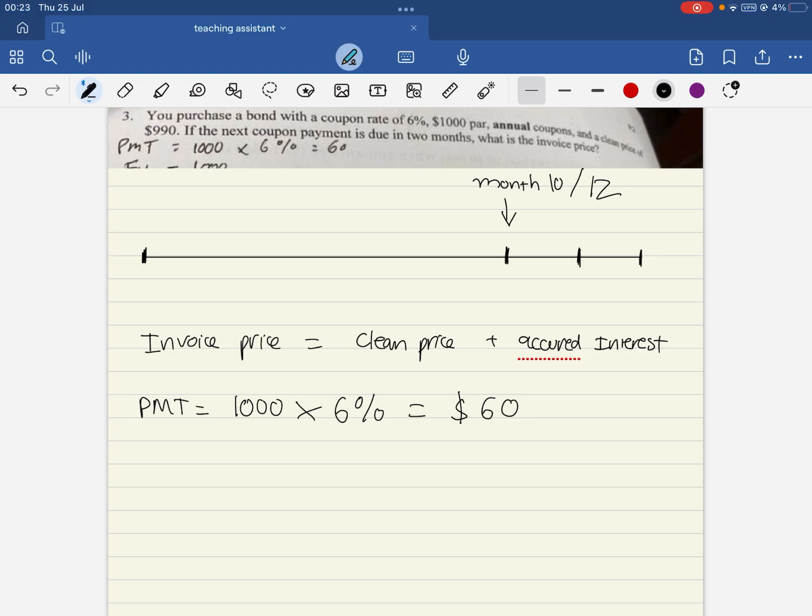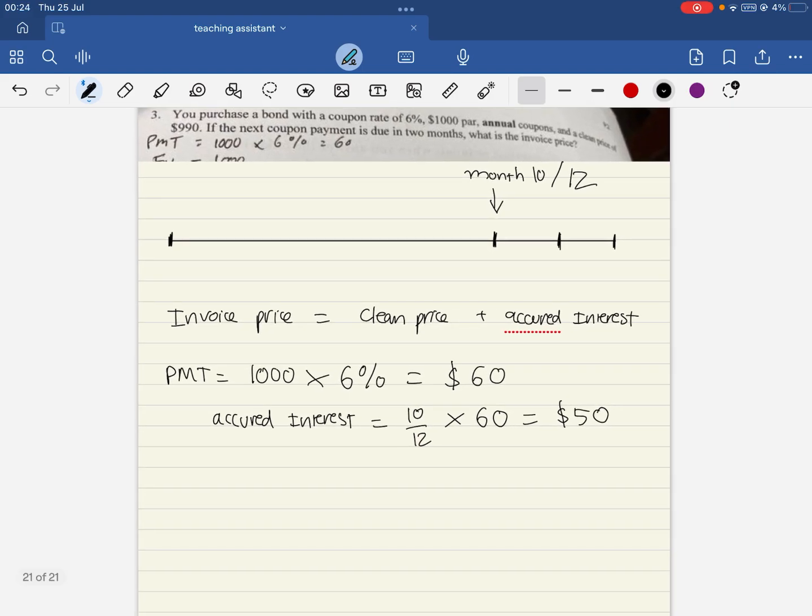So there are 12 months, and there has been already 10 months. So the accrued interest will be equal to 10/12 times 60, which is equal to $50.